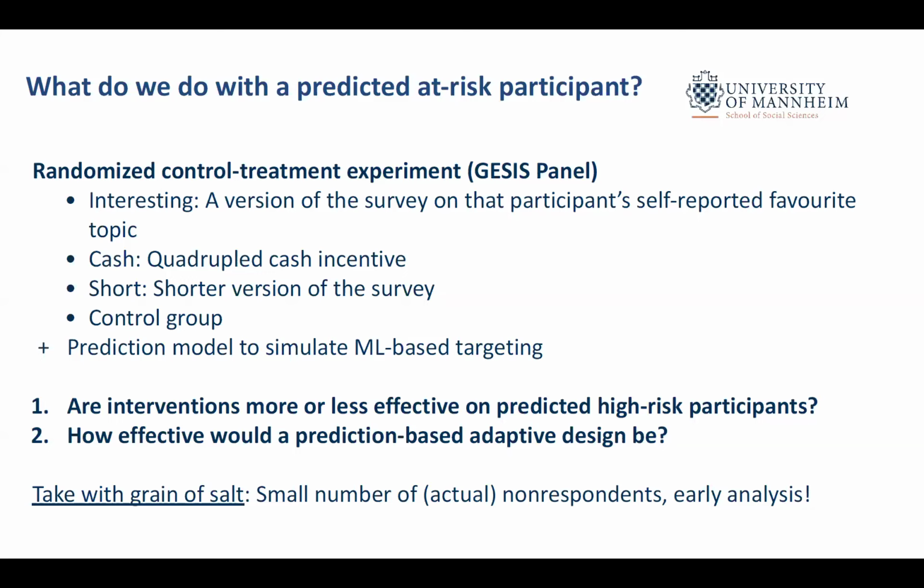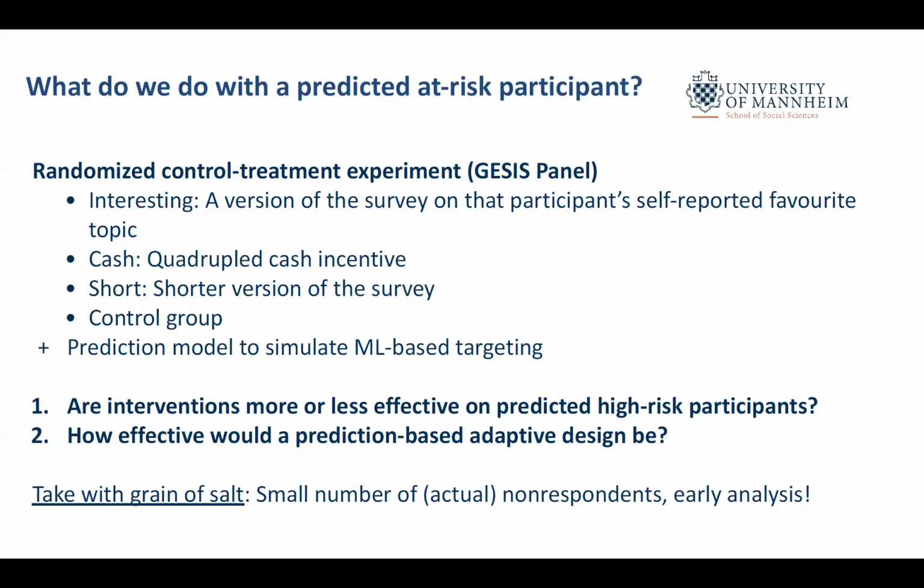So we asked about their favorite topic in the previous wave of the cases panel, and then in this experiment, that random fraction of the participants again saw their favorite topic, or what they reported to be their favorite topic. That was one condition.